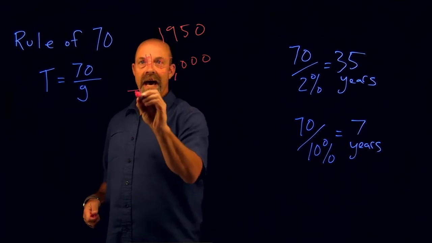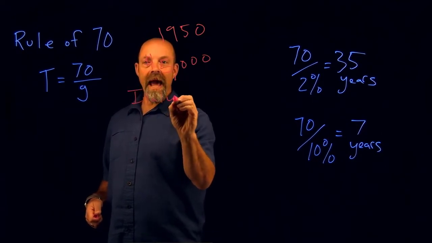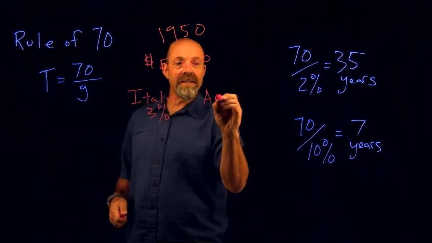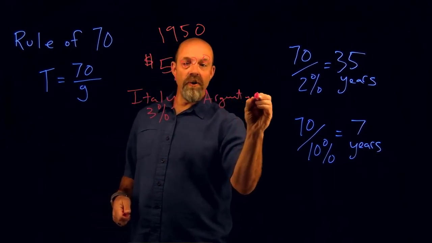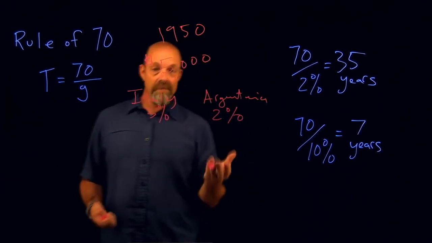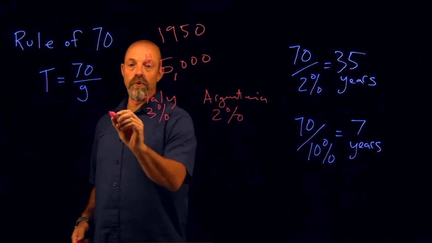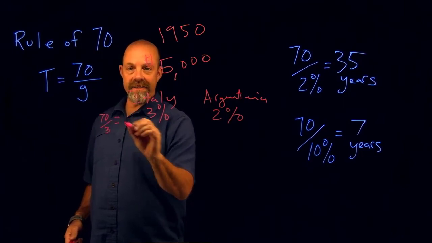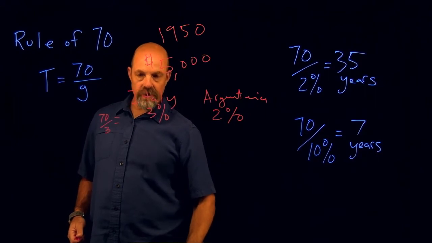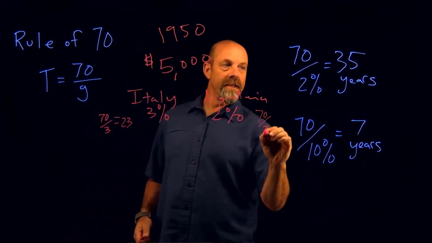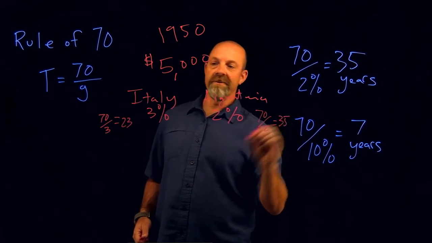But let's assume that Italy is growing at a rate of 3% per year, and Argentina is growing at a rate of 2% per year. So that means Italy, according to the rule of 70, 70 divided by 3 is equal to 23 years, and 70 divided by 2 is equal to 35 years.